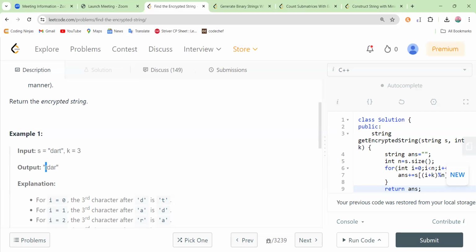So T comes over here. Now, the third character after A, at index 1: the first character is R, the second character is T, and the third character is D because you need to consider it in cyclic manner.